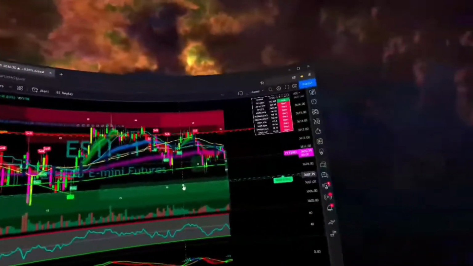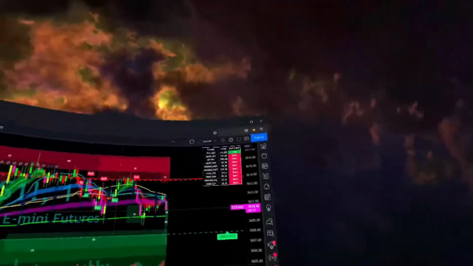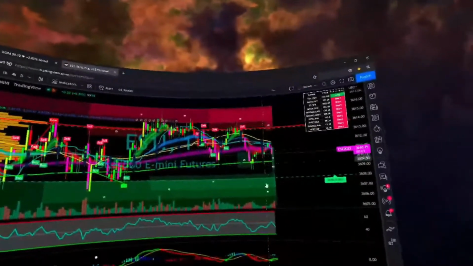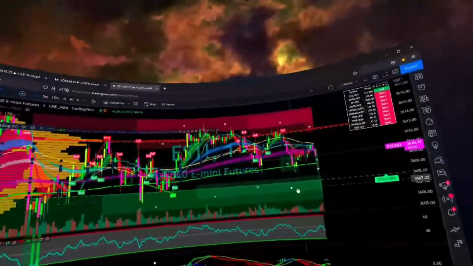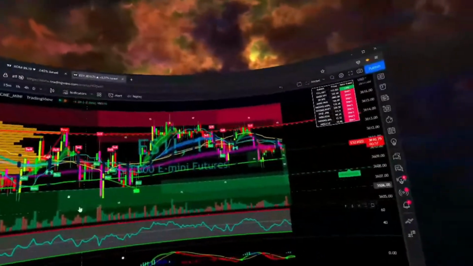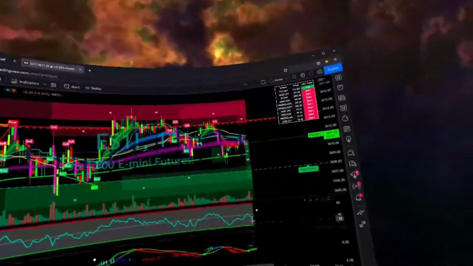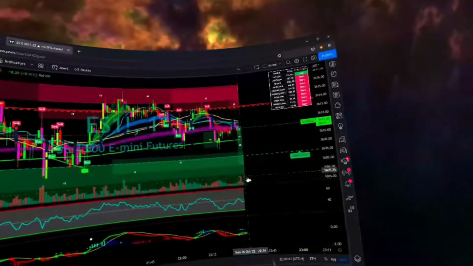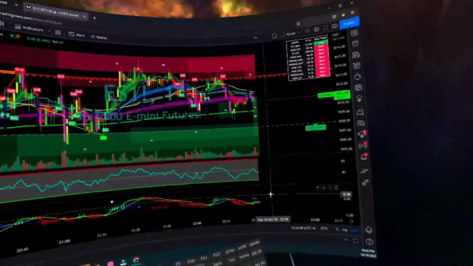And the beautiful thing about the program itself is it allows us to see areas of interest for us to snipe certain tickers. So for example, in this area, we're still having a lot of selling pressure.